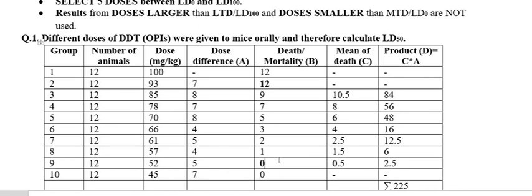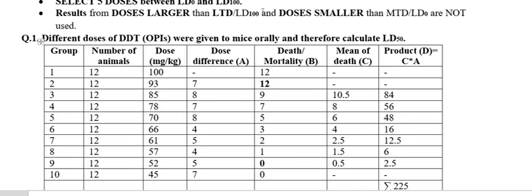The dose below 52 is going to produce no mortality. So here the 52 mg per kg DDT is the LD0. Why? Because at this dose the mortality becomes 0, and below it the mortality of course should be 0. So this is the LD0, and again we are going to calculate the LD100.